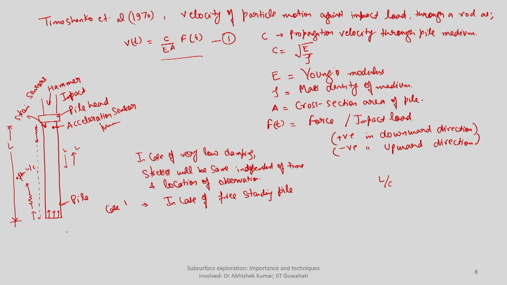So it will be a 2L by C delay with respect to the direct load or the first recording. That you call Vt. If I am calling it so, that will be called C over EA.